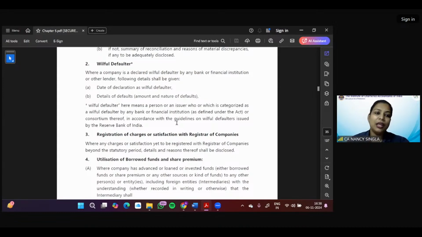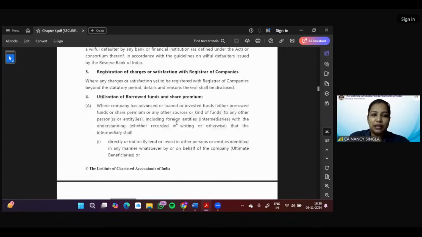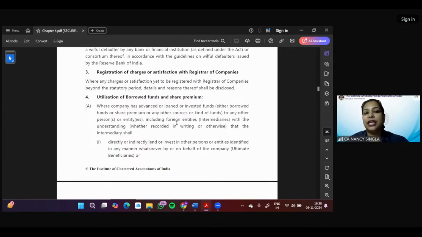Clear? The next point is again of charges or satisfaction with the registrar of companies. So if any loan is taken against the security of any asset, then a charge is created and registered with the registrar of companies.